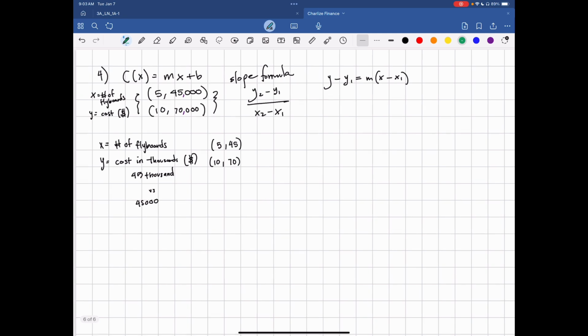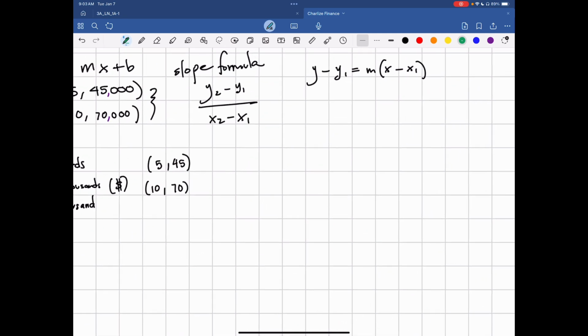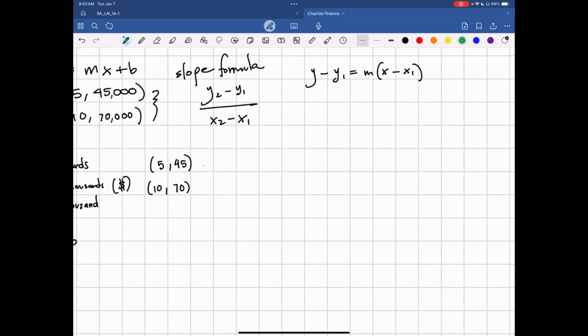To continue with the problem, I want to use the slope formula. So y1, y2, x1, x2. Remember, it doesn't matter which one you label as x1, x2, or y1, y2.